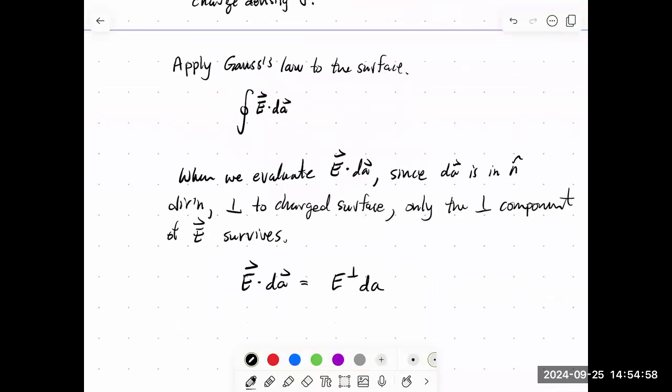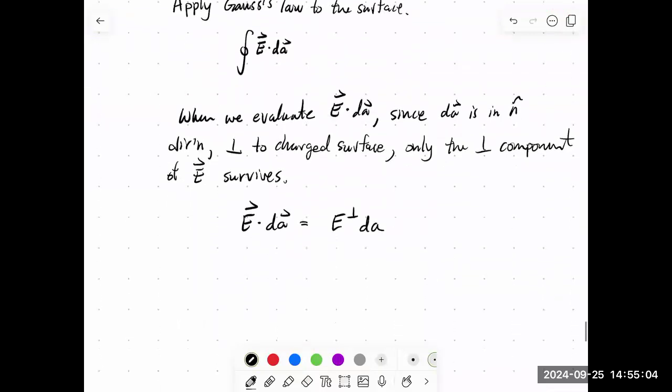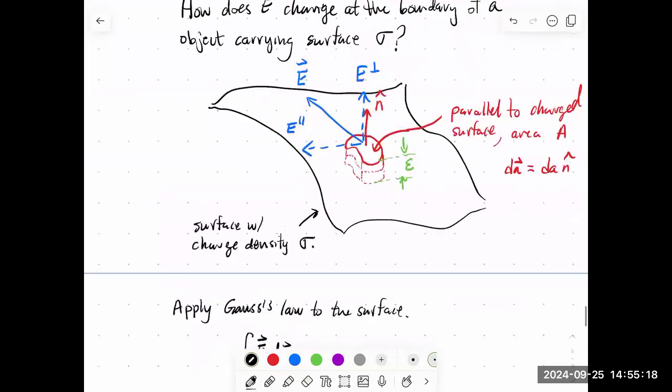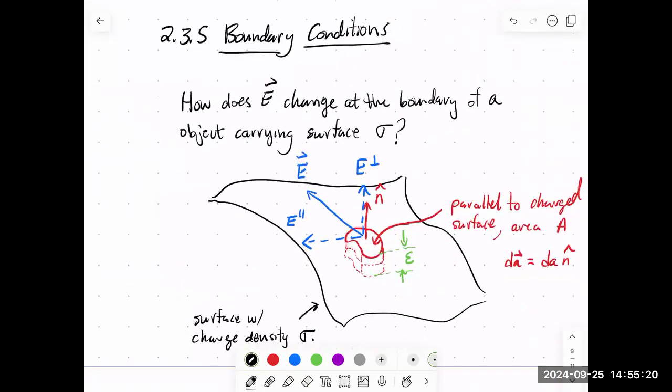Okay, that's fine. Then if I wanted to evaluate this integral, which is around a closed surface, right, with this little circle here. Well, if we go look at the surface that I chose, I have a top piece, and I have a bottom piece, and I have some side pieces.